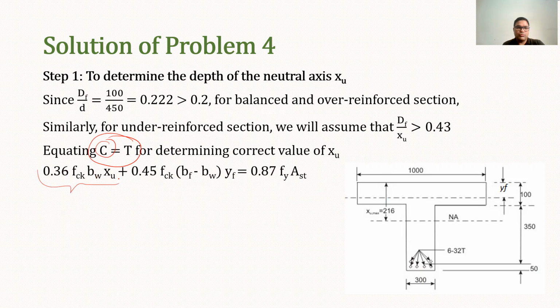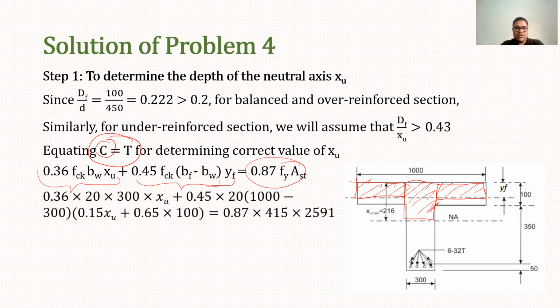This belongs to the rectangular part, and this part is related to this one plus this one. So this is the compressive force taken by this part only. And T is the tension force taken by the steel.